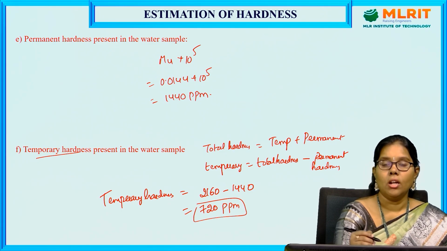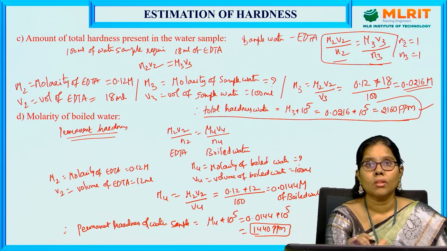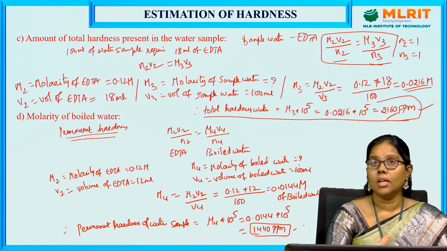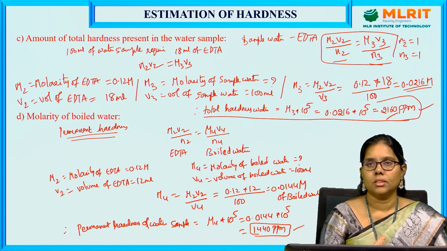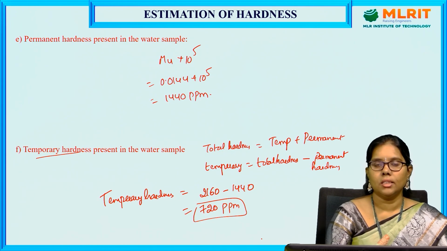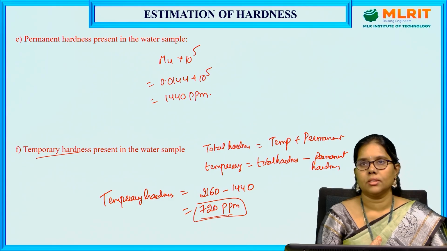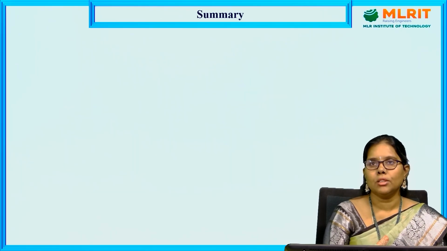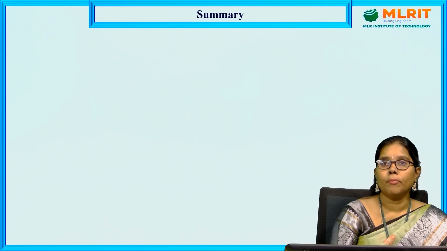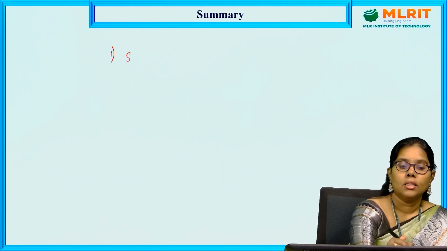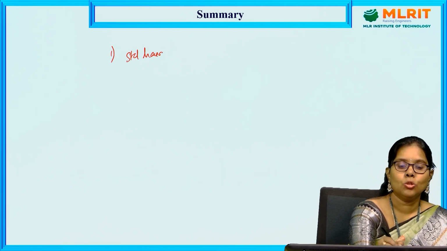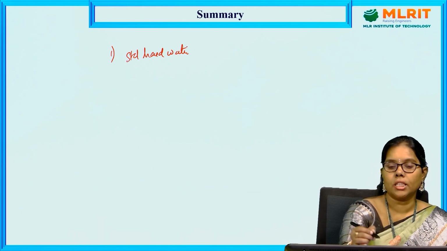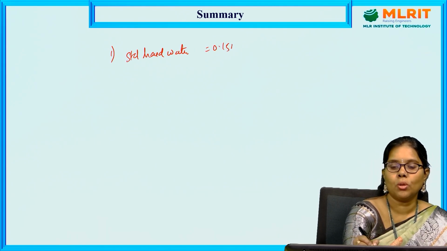So we have found this is the total hardness, this is the permanent hardness, and this is the temporary hardness. In this numerical, in the first step we determined the concentration of standard hard water as 0.15 molar.